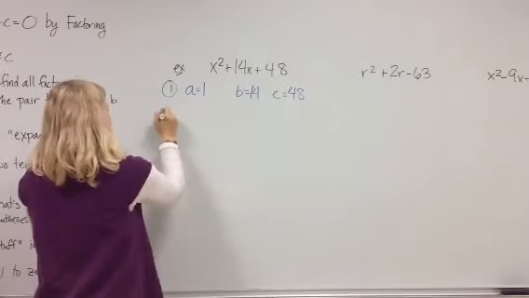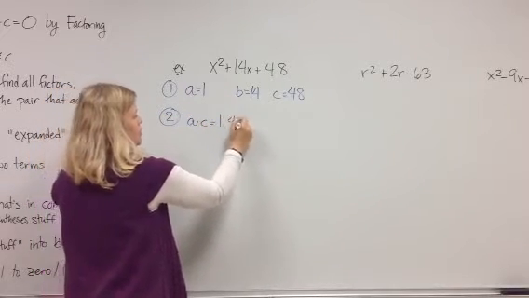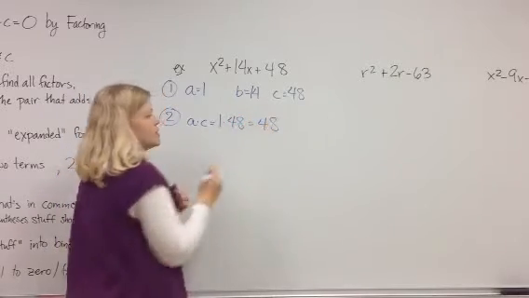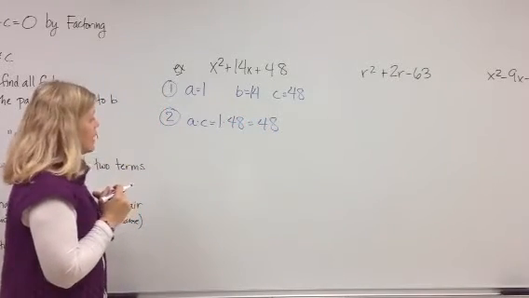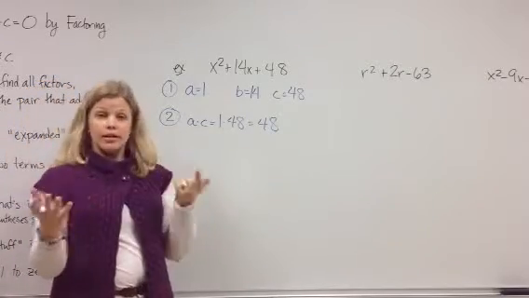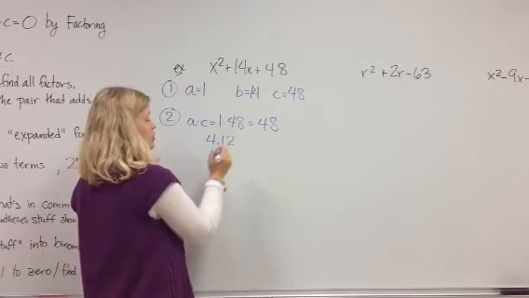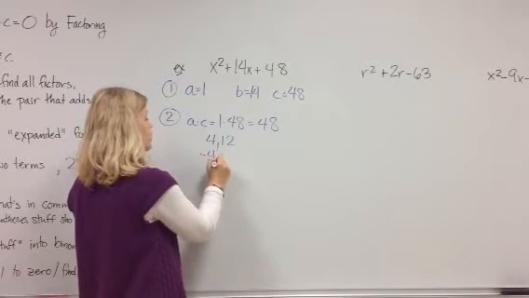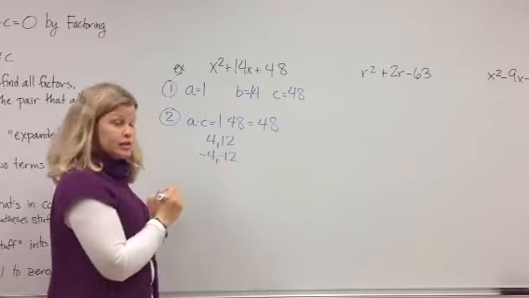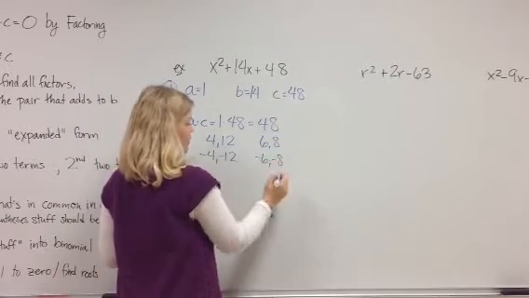Now, your next step was to take A times C, so that's 1 times 48, and that equals 48. And then you're asked to list all the factors of 48. Well, let's list some of them. There is 4 and 12. Also -4 and -12, correct? We've got 6 and 8, -6 and -8.